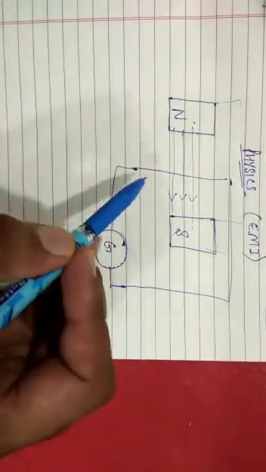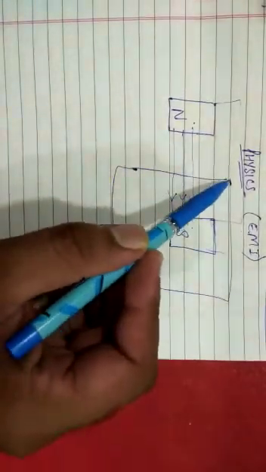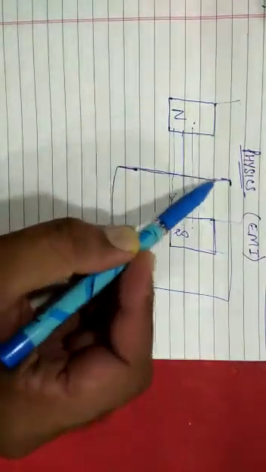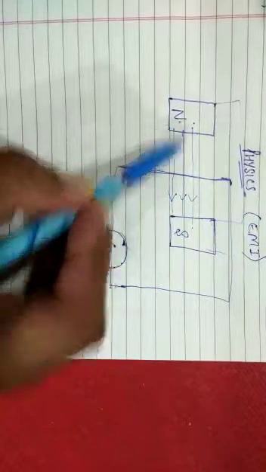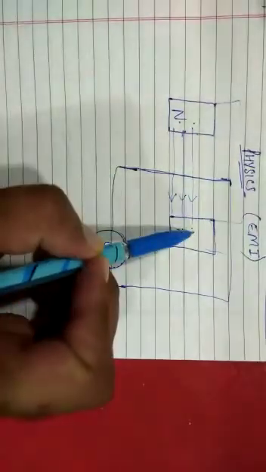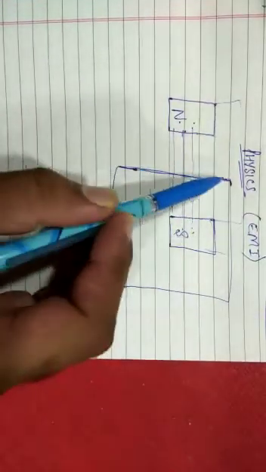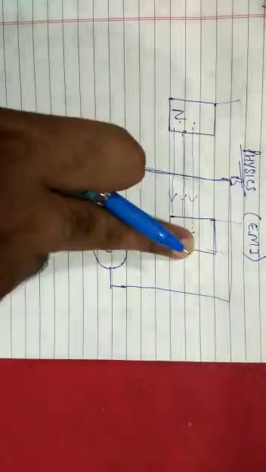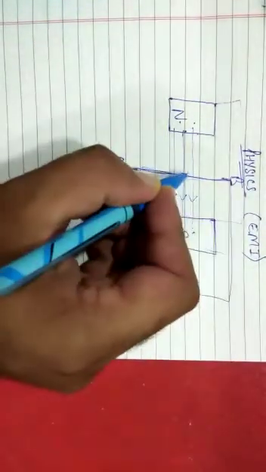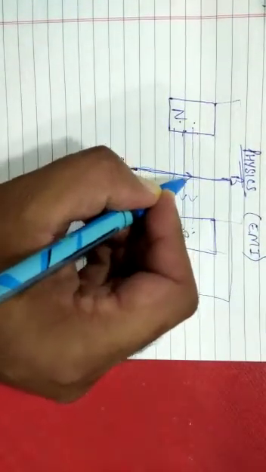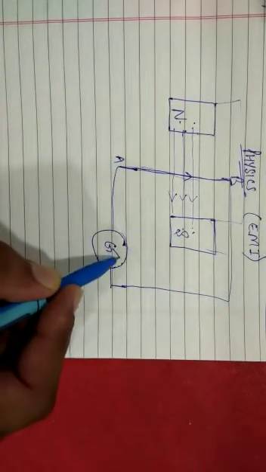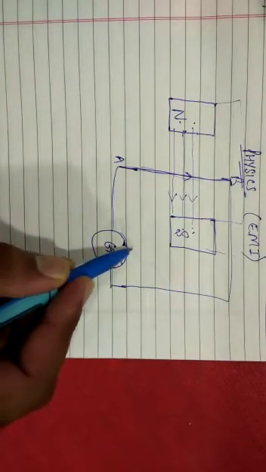Now what happens, like what we have studied, if this conductor or these magnets, either of the two, are in motion, there will be a current induced in the conductor, and this galvanometer may show the deflection on one side.